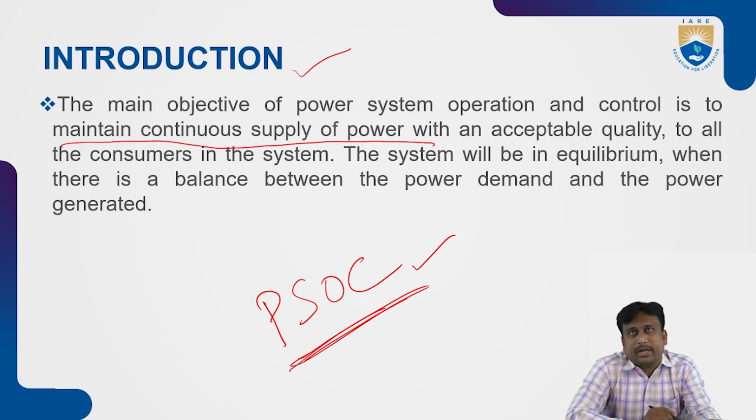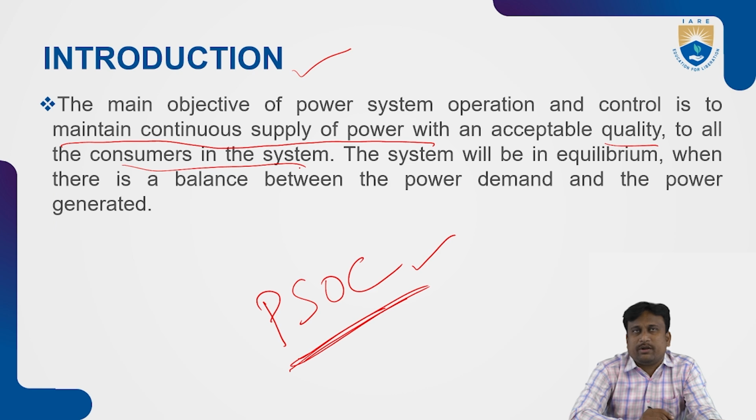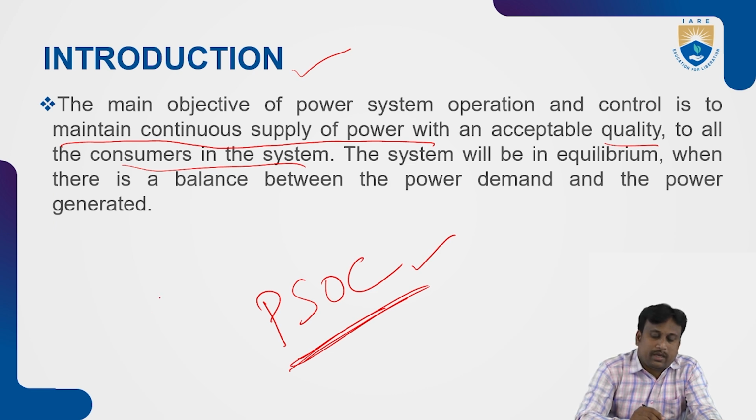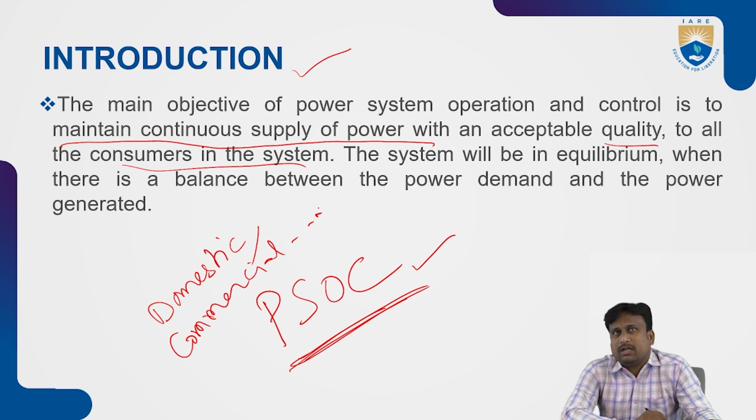Here, continuity of supply is required for the load with suitable quality to all the consumers, whatever the consumer may be. It may be domestic, it may be commercial, like that. Whatever the consumer, continuity of the power supply is required.